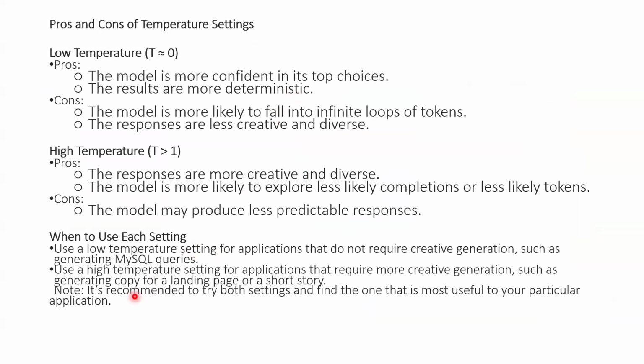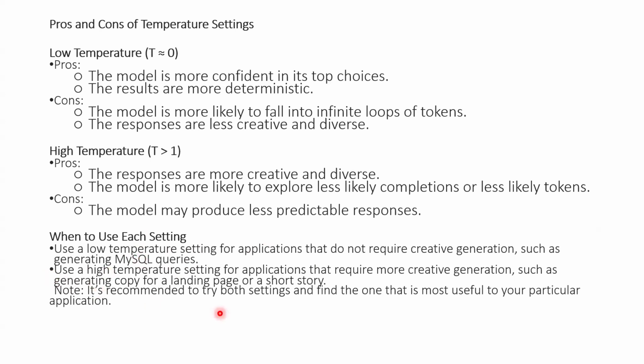Use a low temperature setting for applications that do not require creative generation, such as generating MySQL queries. I don't want to change the name of the column just because I'm selecting. If I want to select the name or the ID of the employee, then definitely I want to select only those. I don't want any creativity.